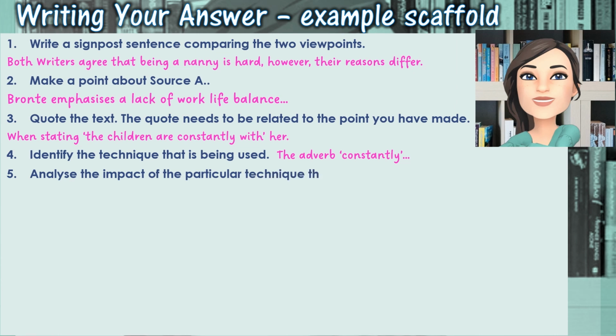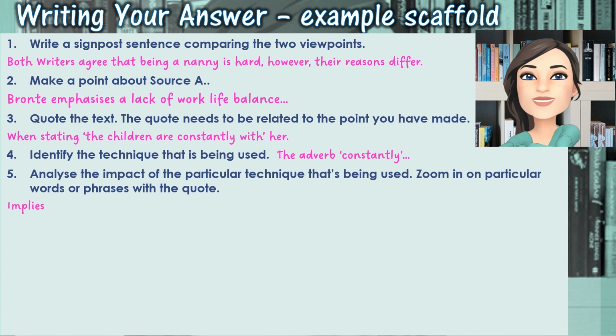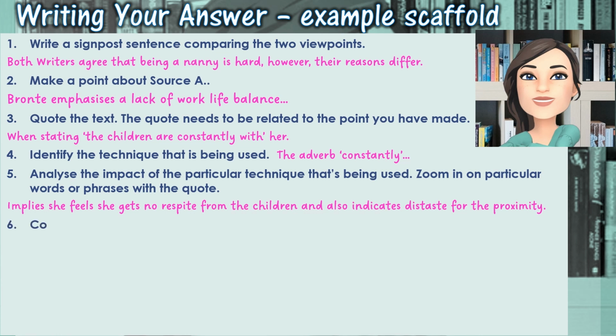Step 5, analyse the impact of the particular technique that's being used. To do this, you can zoom in on particular words or phrases within the quote. For example, implies she feels she gets no respite from the children and also indicates distaste for the proximity. And step 6, compare this with source B. So compare and contrast the ideas between the text.